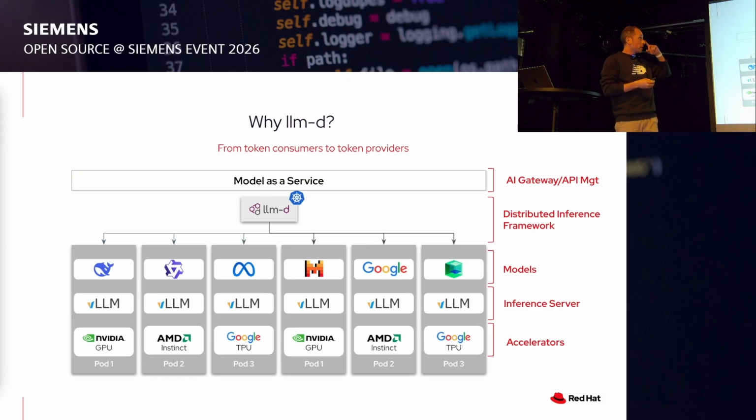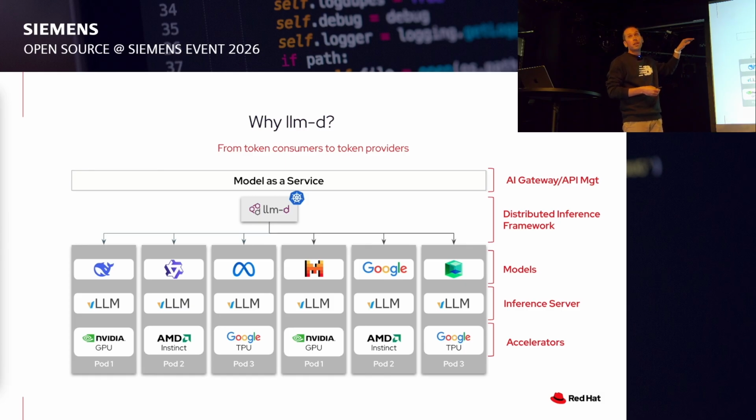Just to give you a little bit of a map of where llm-d stands, we have the accelerators at the very bottom. Those are the GPUs doing the hard work. We have the inference service, like vLLM, for example, but llm-d also supports SGLang. We have the models that you're serving on the accelerators.